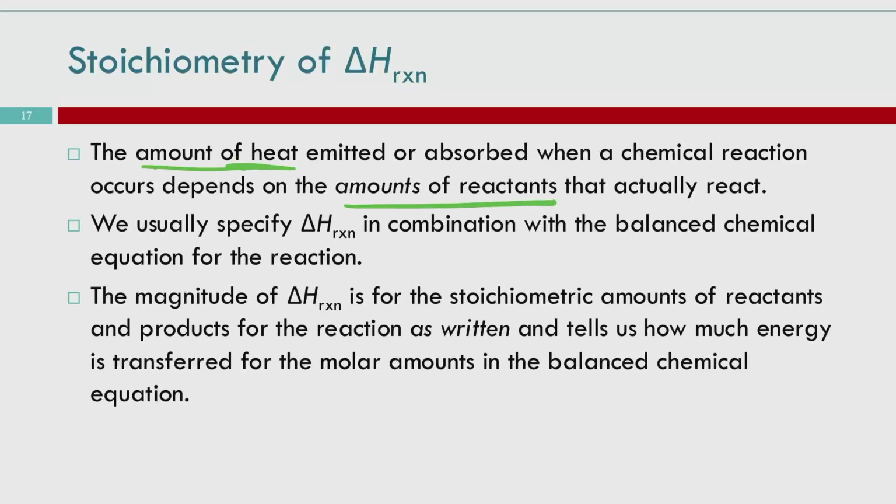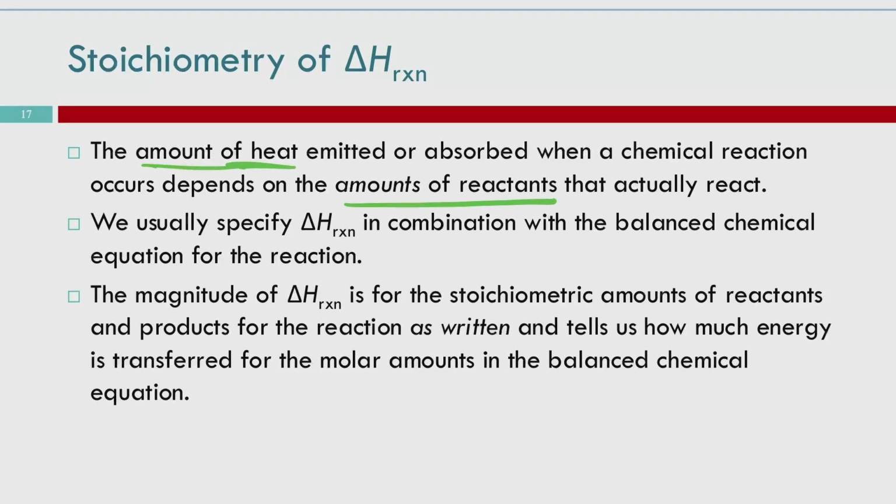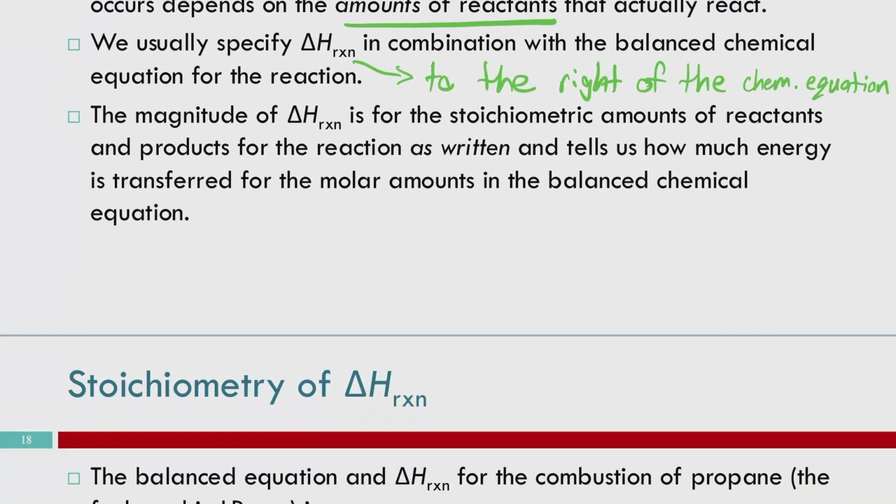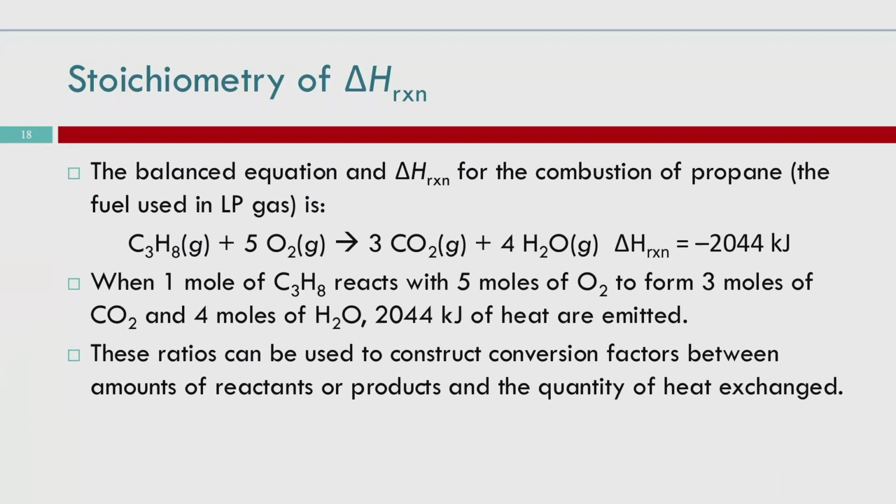Usually we're not doing a limiting reactant problem along with these. And we'll specify the delta H usually on the right side of the balanced equation, like we've seen in the 2 previous slides. And there's a whole paragraph there that you can read as well.